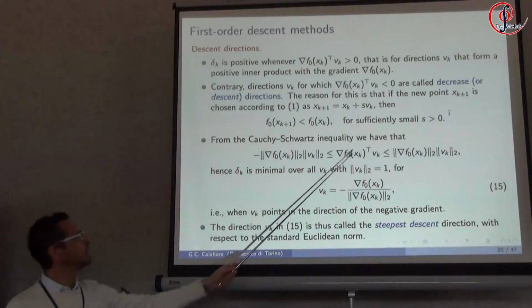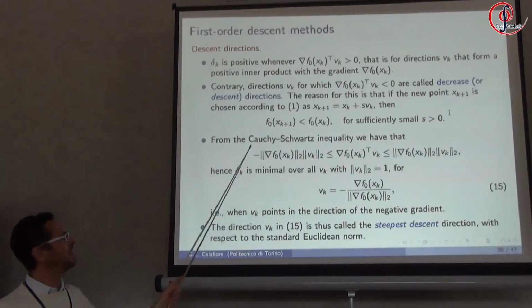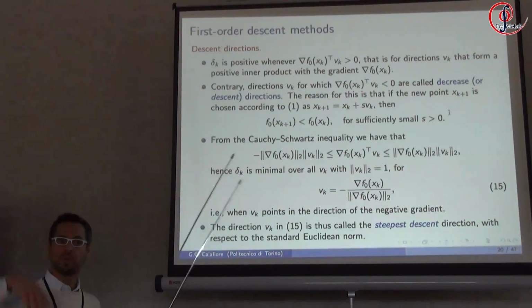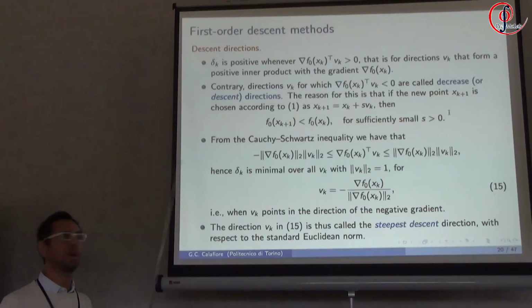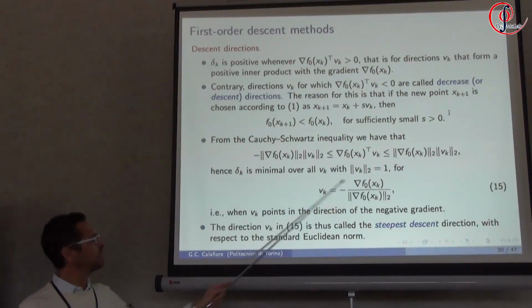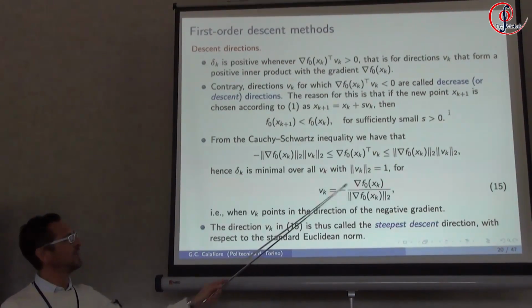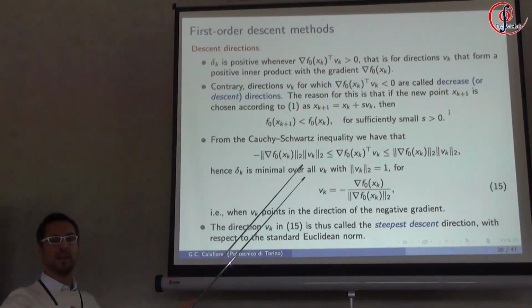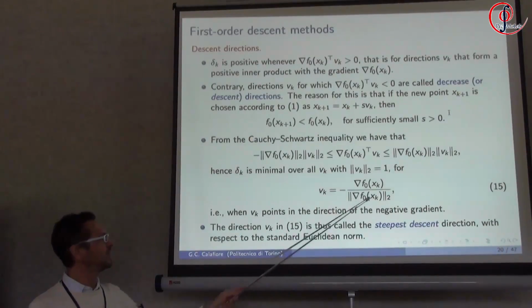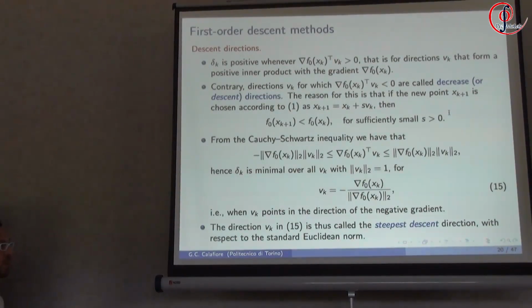Okay? So the minimum means this, which is what we want. We want to decrease our function a lot, at least locally, and this is obtained when we take vk to be this. So it's essentially minus the gradient, the anti-gradient, and we normalize it to have norm equal to 1, because this is just the direction. Okay? So this is the reason why this direction here is called the steepest descent direction.